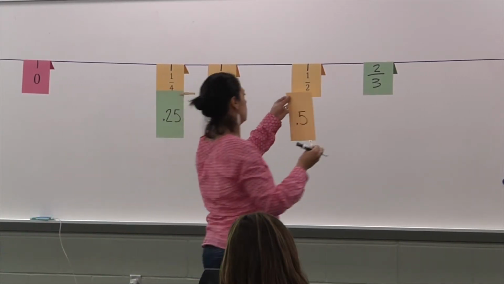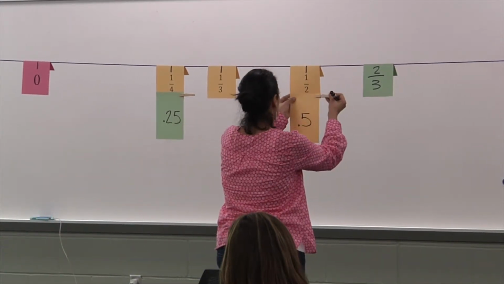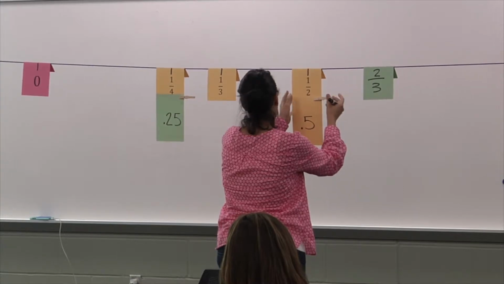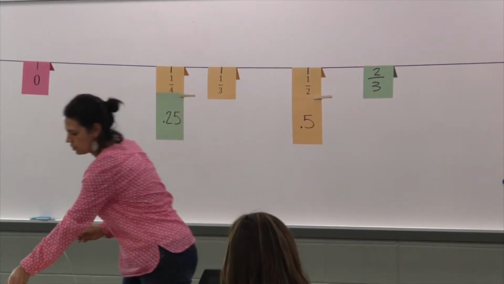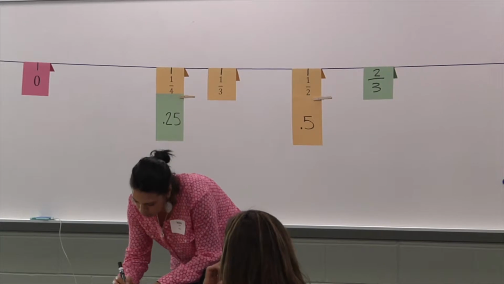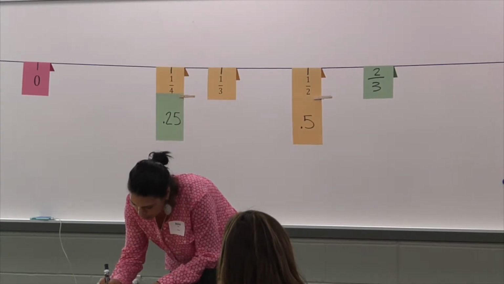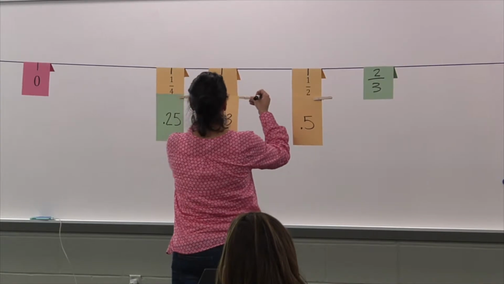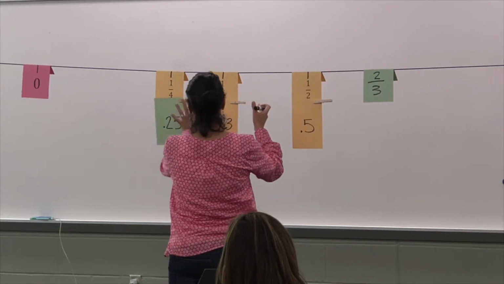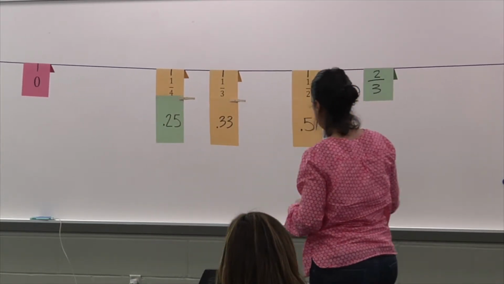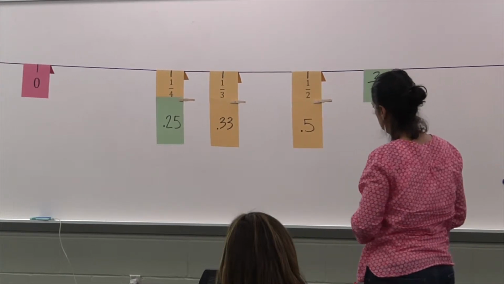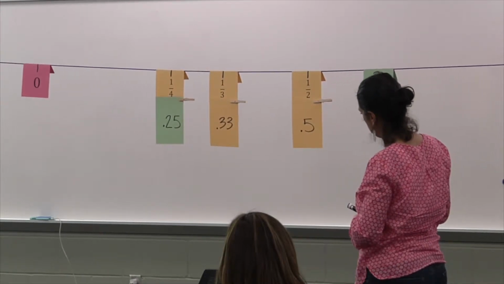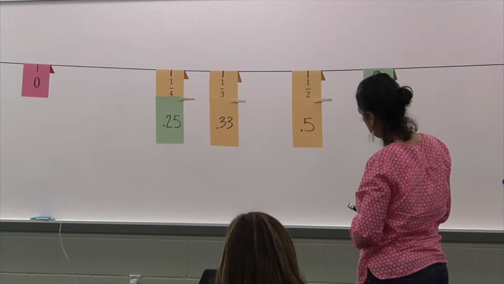And 1/3 is 0.333. Well, yeah, 0.33, we'll just say. So the difference between 0.25 and 0.33 is smaller than the difference between 0.33 and 0.5.